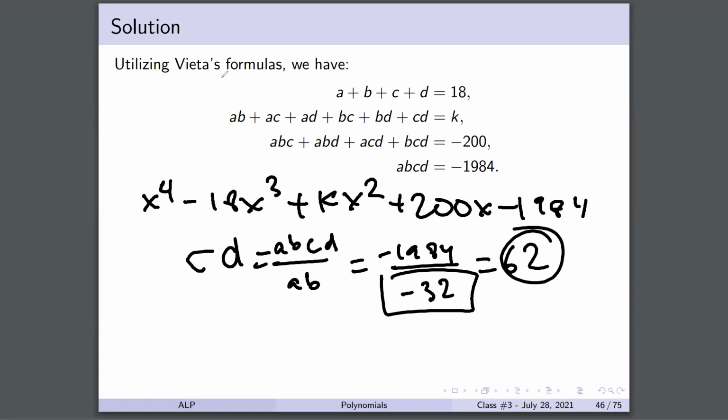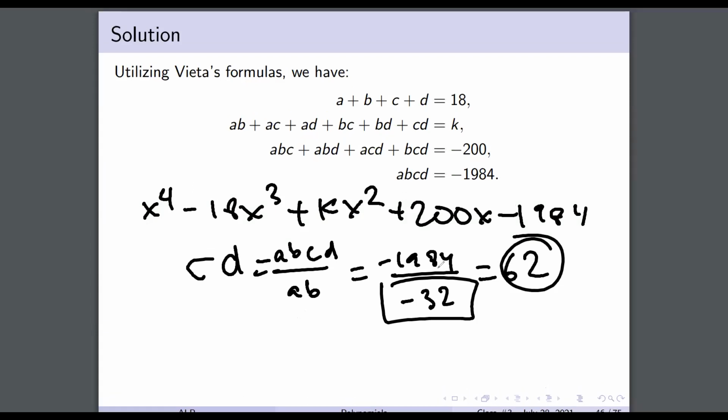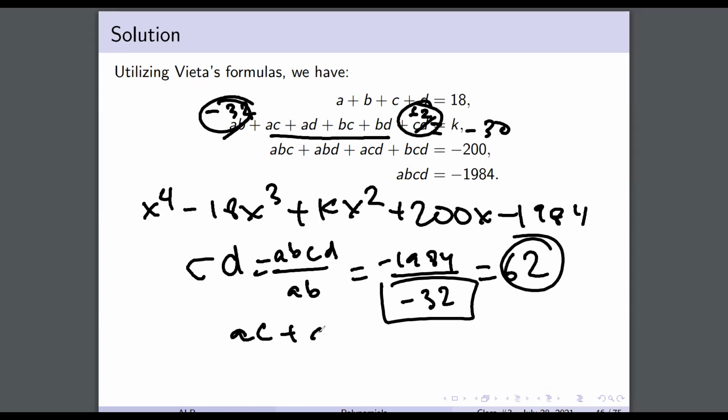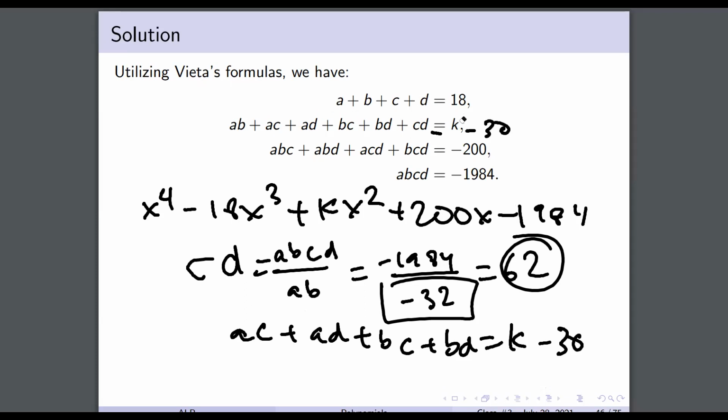So we get that there's 62, and basically we can plug that into here. So this becomes 2, and this becomes 2. And then these add up to 30, and we can subtract them from both sides. We have AC plus AD plus BC plus BD equals K minus 30. So let's erase what we don't need.